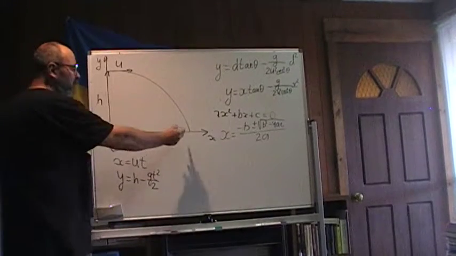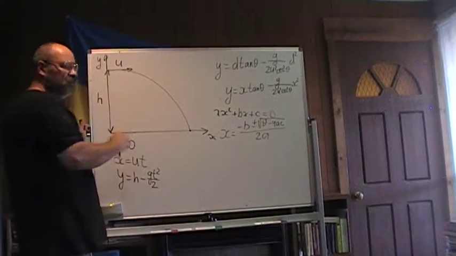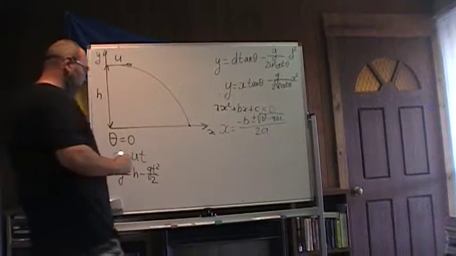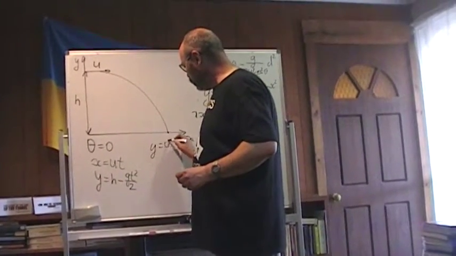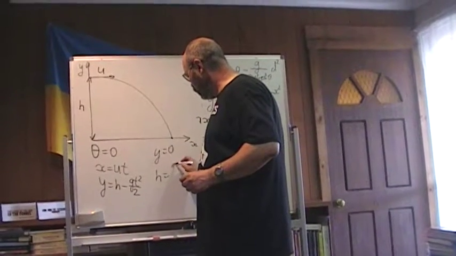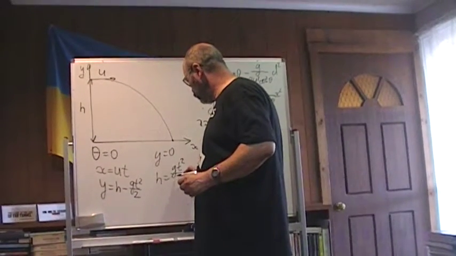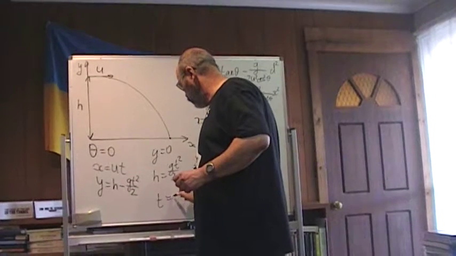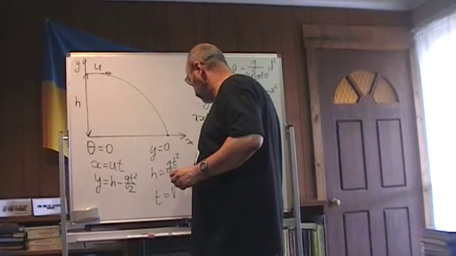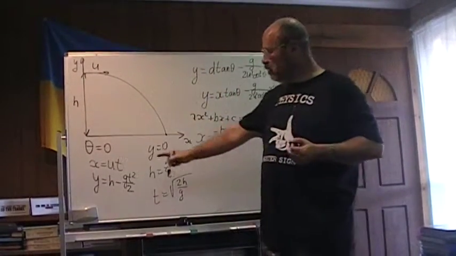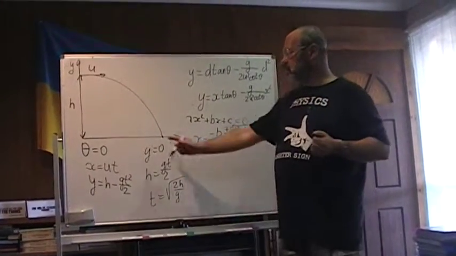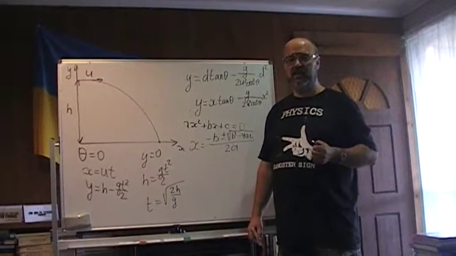And again, at the final position y equals 0, so h equals gt squared on 2. So time equals the square root of 2h divided by g. Substituting it here will give us the distance at which it will hit the ground.